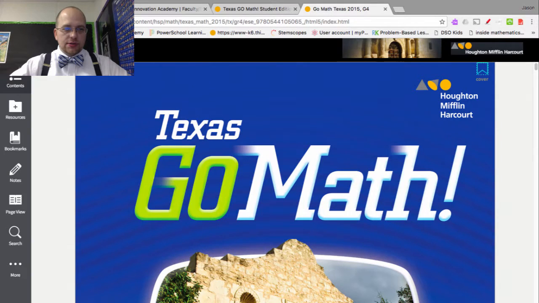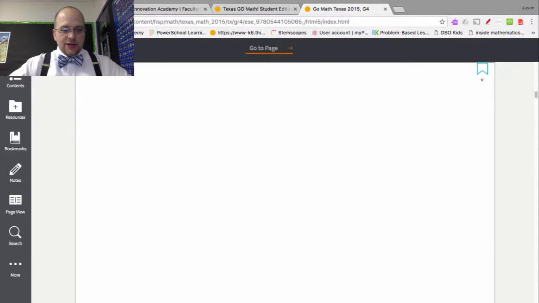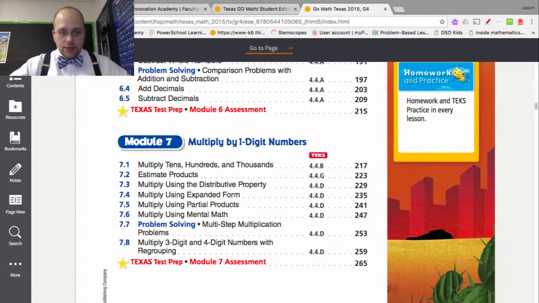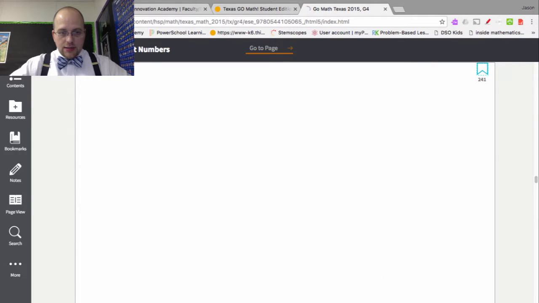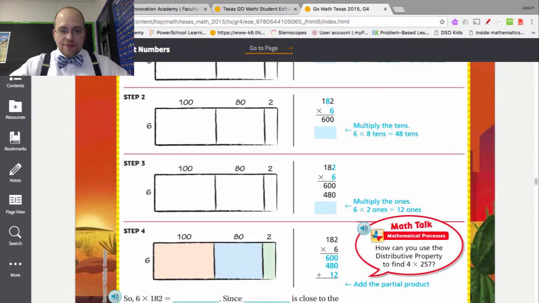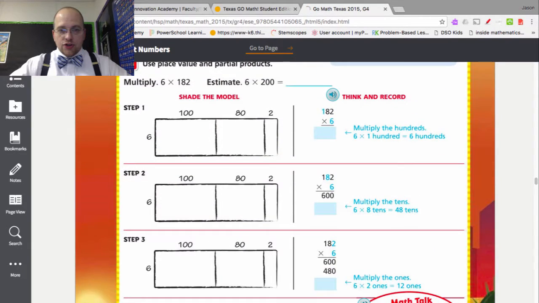Okay, I've got to go back and find our next page, which is the one about partial products. Bear with me just a moment. It's going to be 7.5. We're doing the same thing again, but we're going to do it without the drawings so much. You see we still have the drawing here, but now we're going to try to do it without actually writing it out that way.